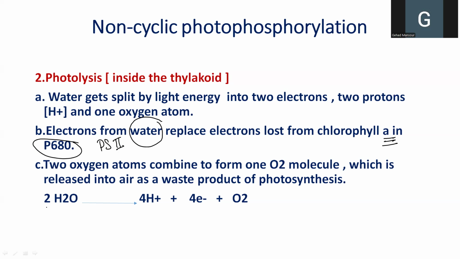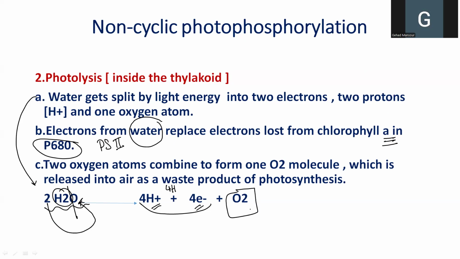And then, as we have said at the beginning, if we have 2 molecules of water, they will split into 2 by 2, 4 hydrogen atoms. But the 4 hydrogen atoms will again split into 4 protons and 4 electrons, plus 2 oxygen atoms, because you have 2 by 1, and the 2 oxygen atoms form O2, and O2 is considered a byproduct, not a waste product of metabolism.